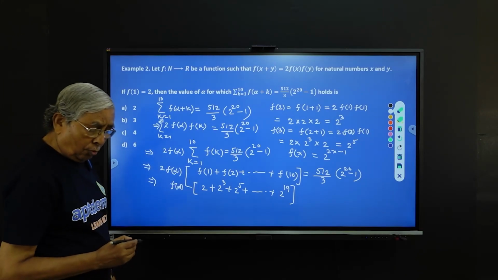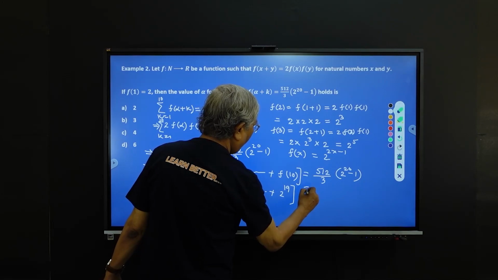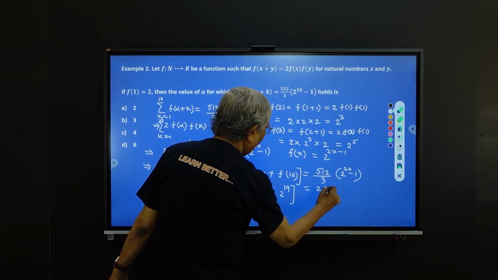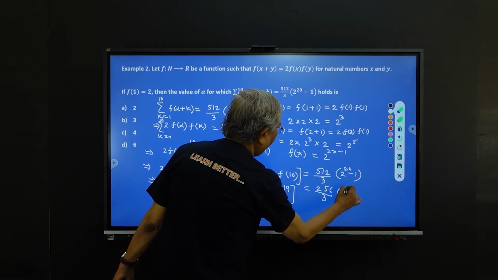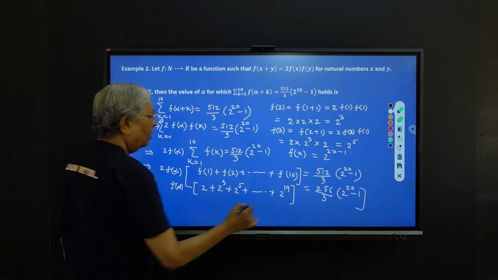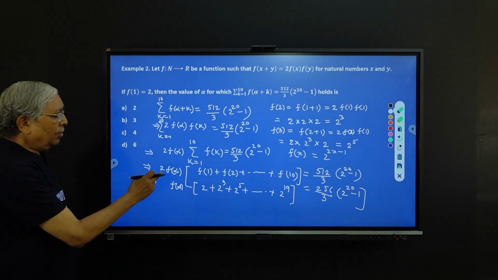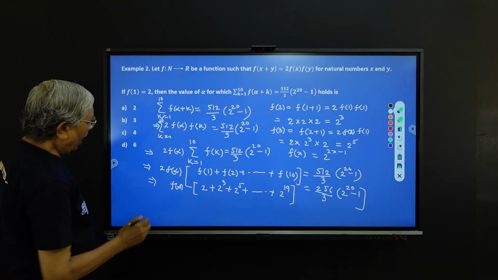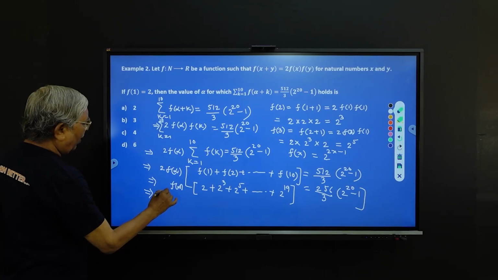This is equal to 256 by 3 into (2 to the power 20 minus 1). This is a GP series whose sum will be a into (r to the power n minus 1) by (r minus 1).